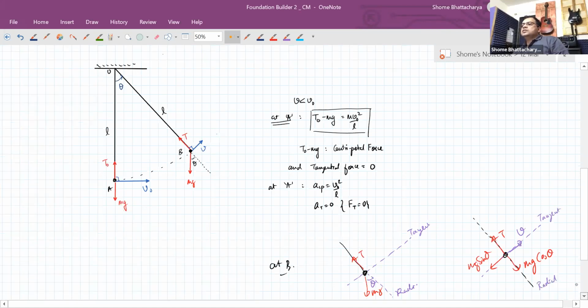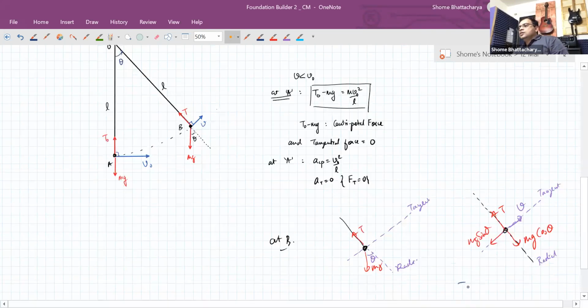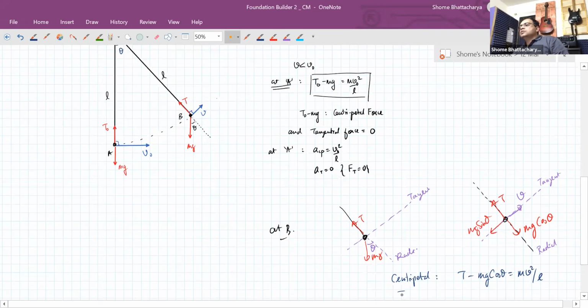So at the point B, T minus mg cos theta should be equal to mv square by L. This is your centripetal force. It's pointing towards the center. Whereas your tangential force, that is mg sin theta, is providing a tangential acceleration.